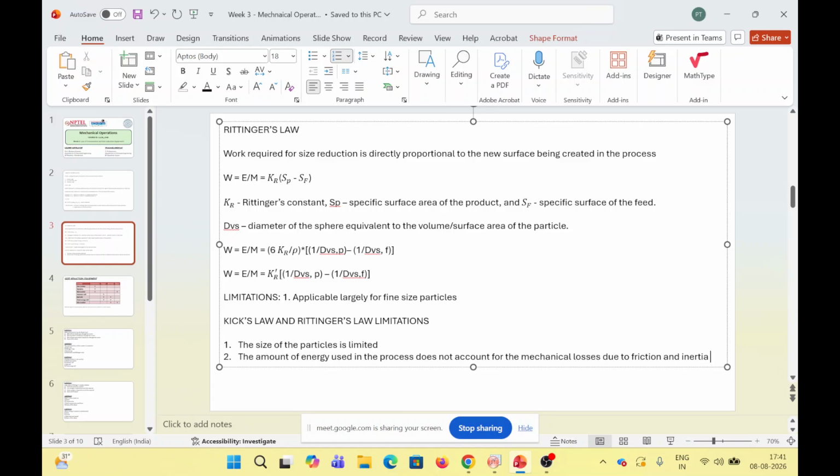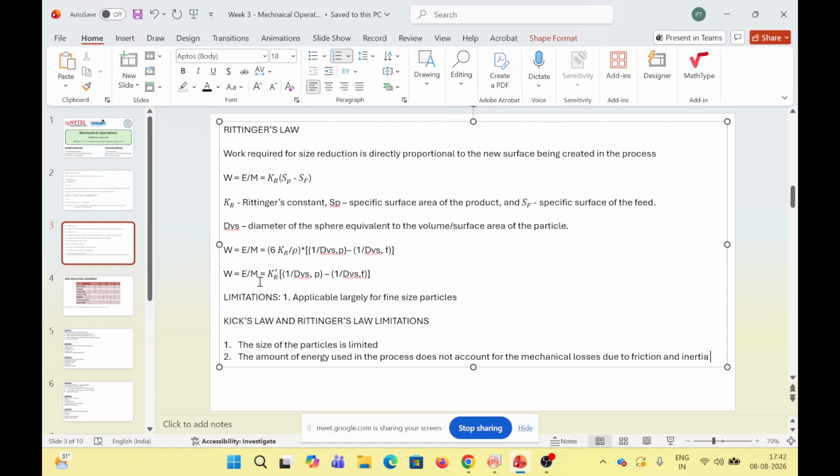In between, you also have the losses that usually happen during this process. When the size reduction process is happening, through the equipment that you use, some amount of the energy is going to be wasted because of friction and inertia, and that mechanical energy loss is not accounted for in both Kick's law and Rittinger's law.